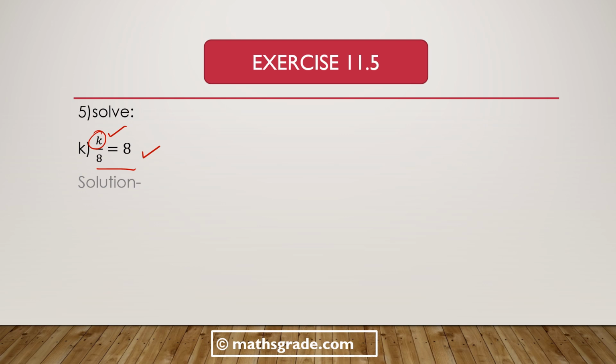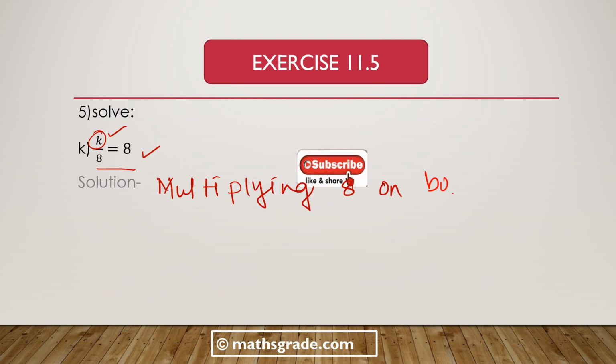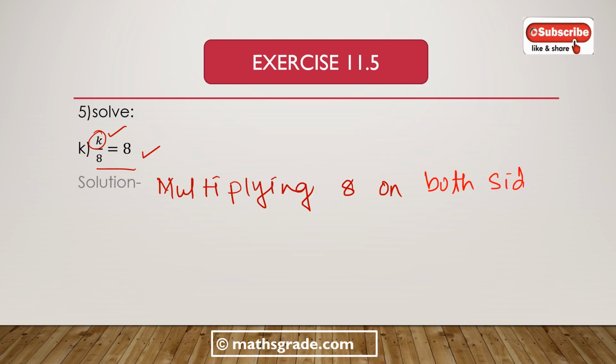So multiplying 8 on both sides of the equation, we get k divided by 8 multiplied with 8. We multiply 8 on the right hand side also to balance the equation.